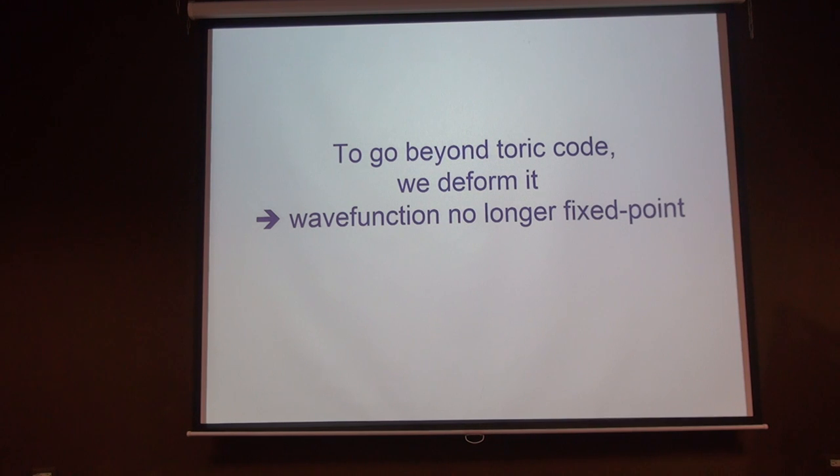21, okay. So to go beyond the toric code and test whether the scaling will help you identify the topological entanglement entropy, we want the wave function to be deformed so that the correlation length can be arbitrarily large, close to the transition.